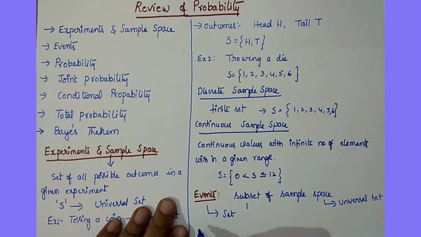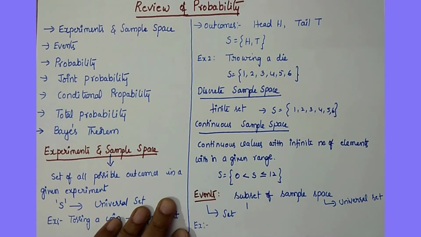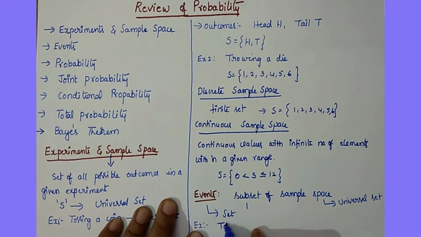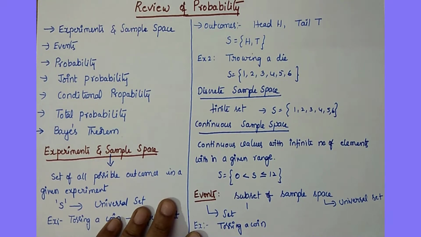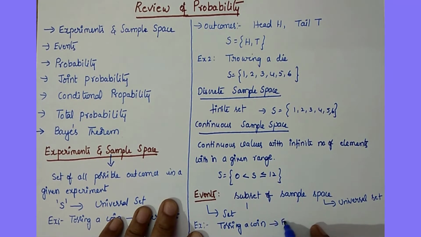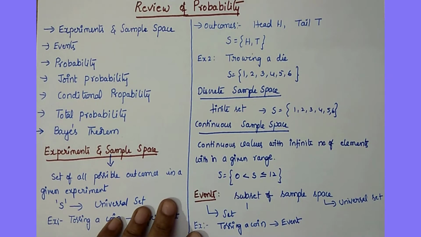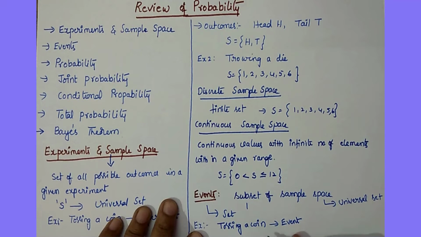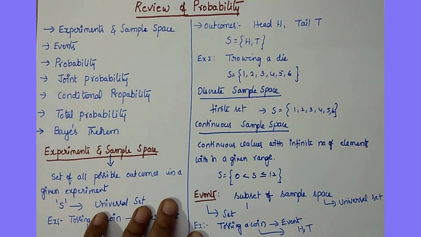So if I say event is a subset of universal set, then event is called set. Simply, event is called set. Okay. Let me explain exactly what is the real meaning of event. Tossing a coin is an event. And what are the outcomes of this event? Either you're going to get head or tail.